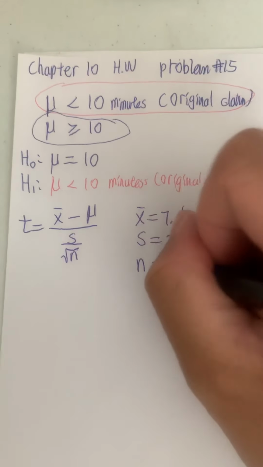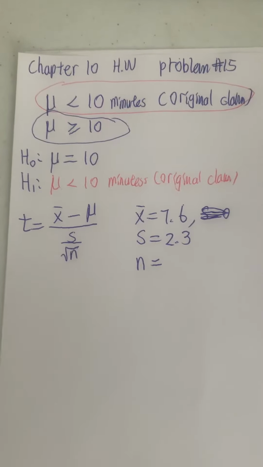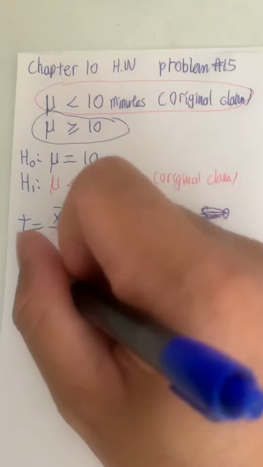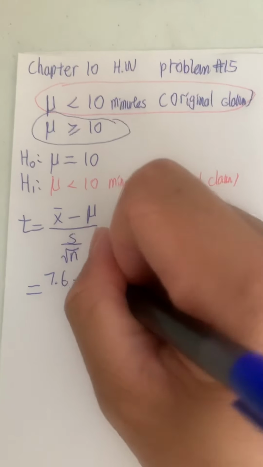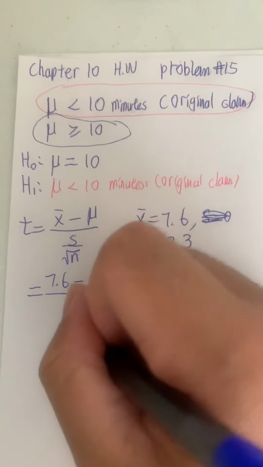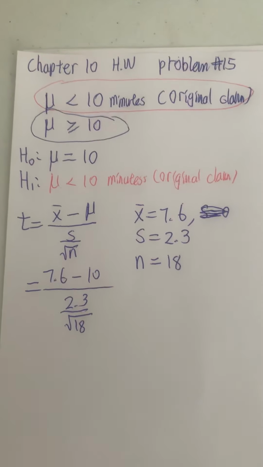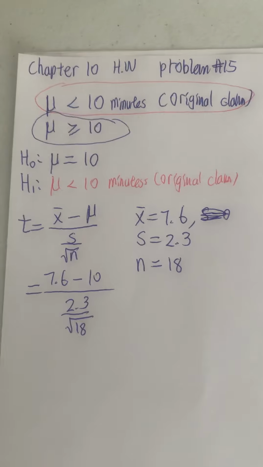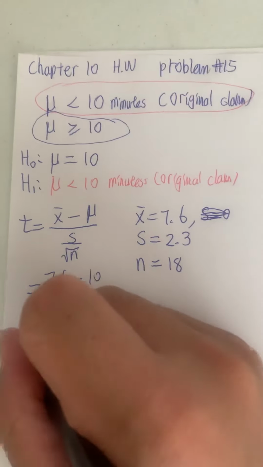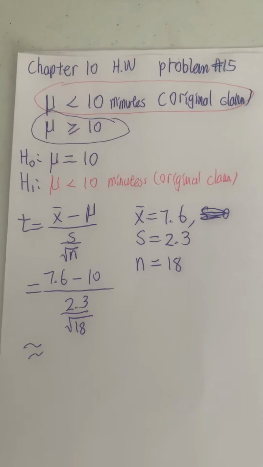And what's my n? 18 different occasions, so n is equal to 18. So put in this formula: 7.6 minus 10 over 2.3 over square root of 18. Put it in the calculator and see what you have for the t.